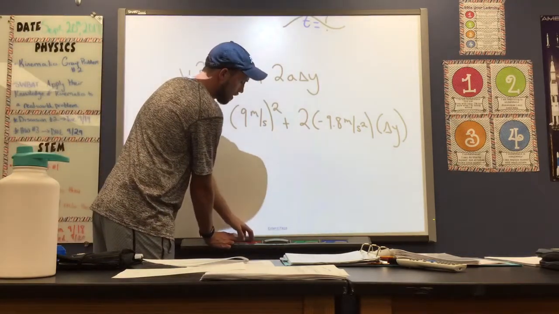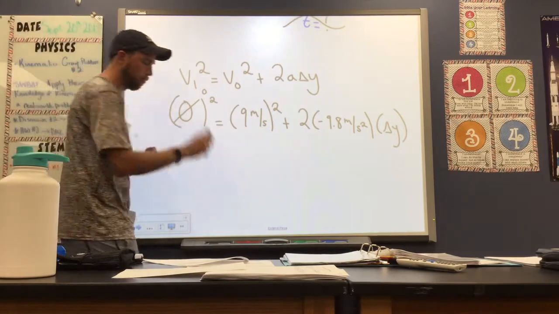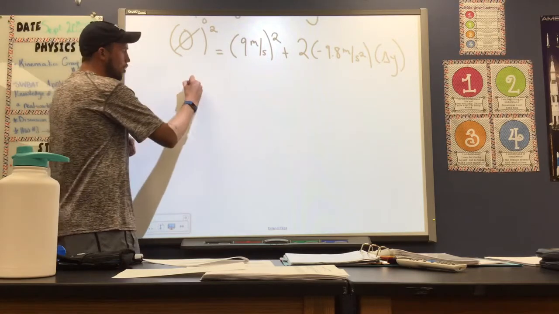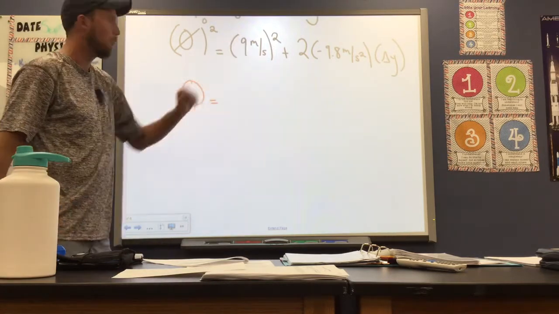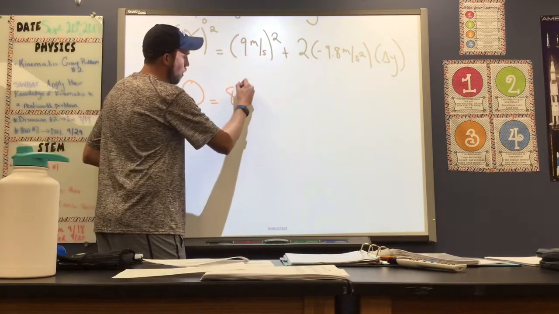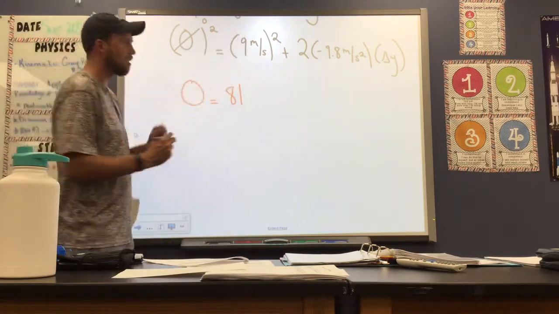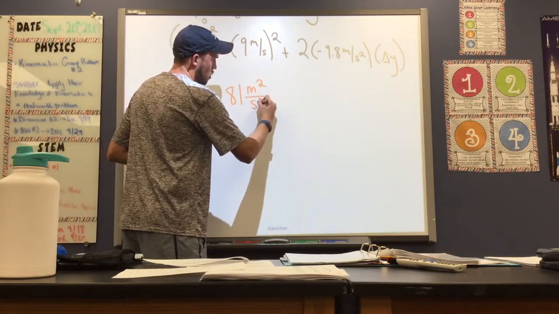So what I need to do is plug a couple of values in and try to simplify what I'm dealing with here. So I'm going to write my next step in red. 0 squared is still just going to be 0. That's going to be equal to 9 squared, which if I plug in, that'll be 81. My units here will be a little weird. I'm squaring meters per second, so I should get meters squared per second squared.